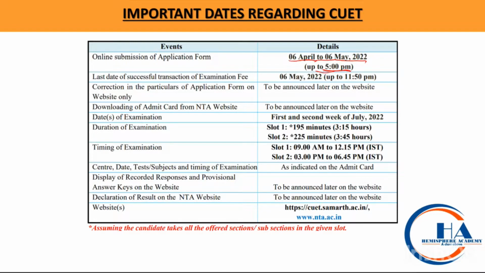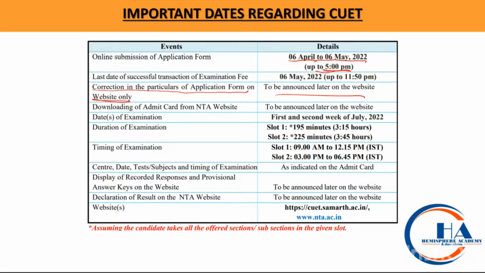And please don't freak out if some of the students have already filled out the form and they feel that they have missed out on something. You will be getting a correction window in order to correct your particulars in the form. That will be available on the website only. The details of that will be announced later on the website as mentioned below.